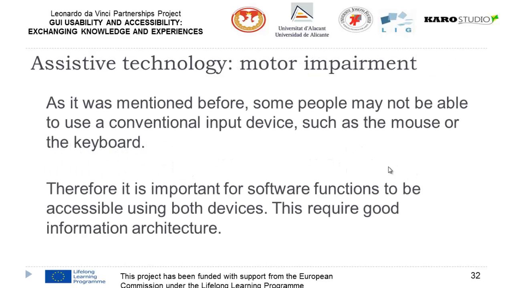As it was mentioned before, some people may not be able to use a conventional input device such as the mouse or the keyboard. Therefore, it is important for software functions to be accessible using both devices. This requires good information architecture.